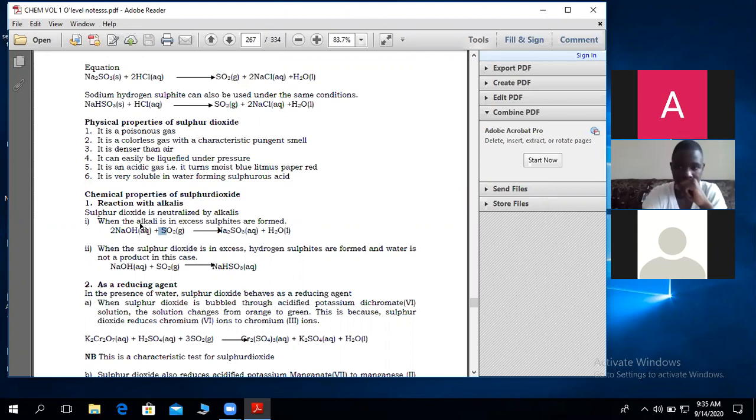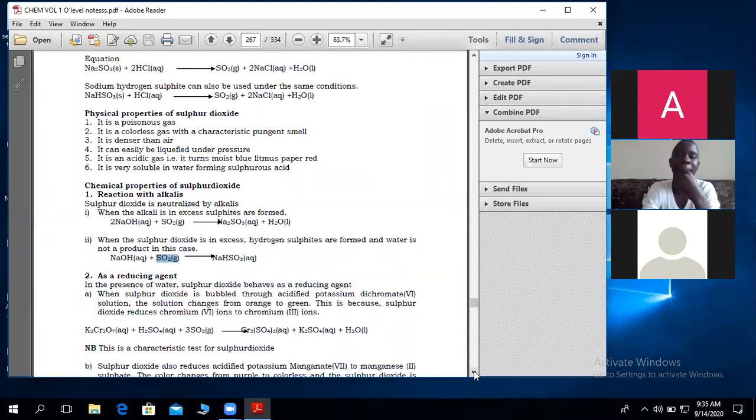Sulfur dioxide reacts with sodium hydroxide, and the product is sodium sulfite plus water. When sulfur dioxide is in excess, sodium hydrogen sulfite is formed.